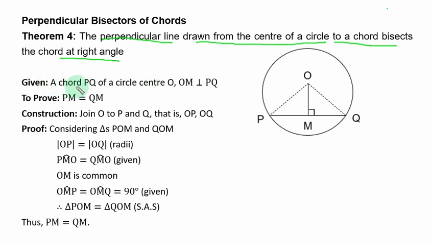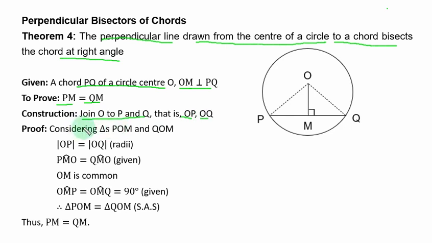Given a chord PQ of a circle center O, you have OM is perpendicular to PQ, and we want to prove that PM is equal to QM. Construction: join O to P and Q, that is OP then OQ. Both are radii.